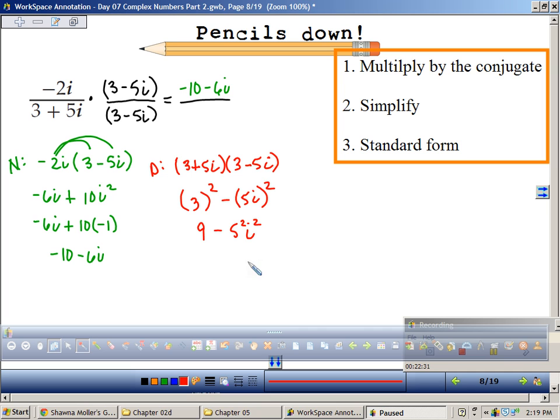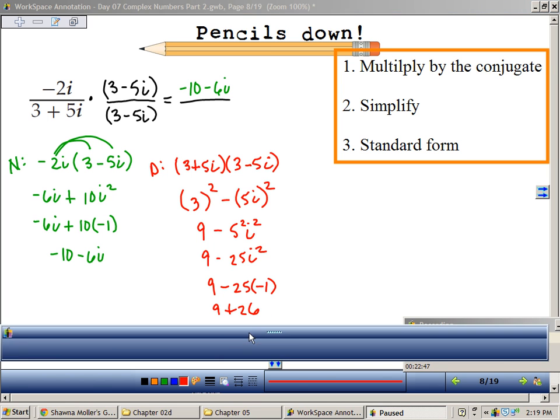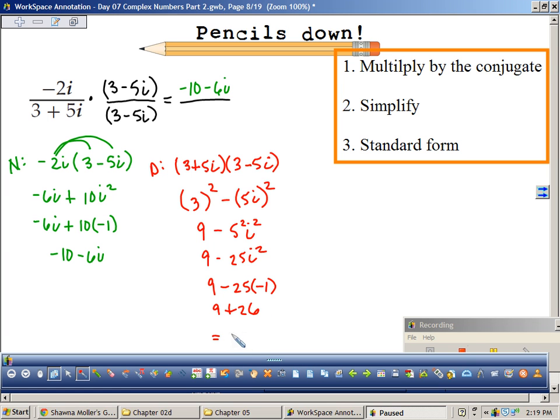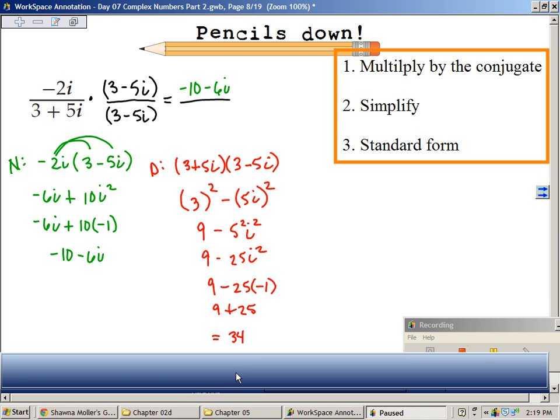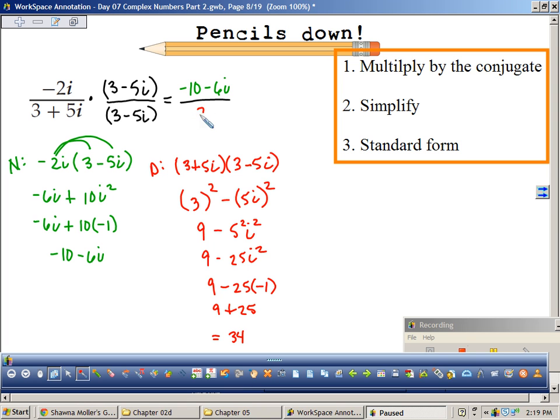Okay, 25i squared, which is 9 minus 25i squared, which is, oh yeah, 25 times negative 1, which is 9 plus 25, which is 34. Sorry, I was wondering about that for a second there. I remember it being 34. There's my denominator.